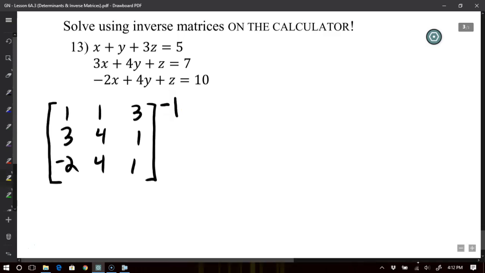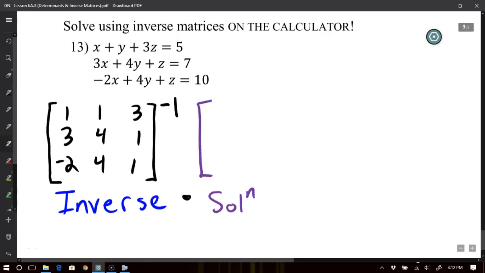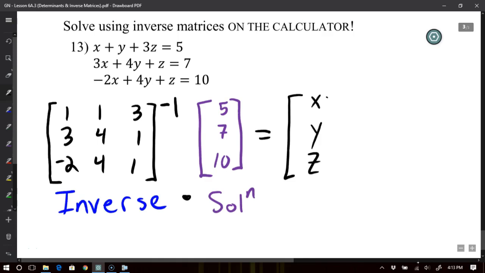That's inverse. So this represents the inverse matrix. And we are going to multiply that by our answer matrix, our solution matrix, which in this case is 5, 7, 10. That should give us the values of our variables, x, y, z.